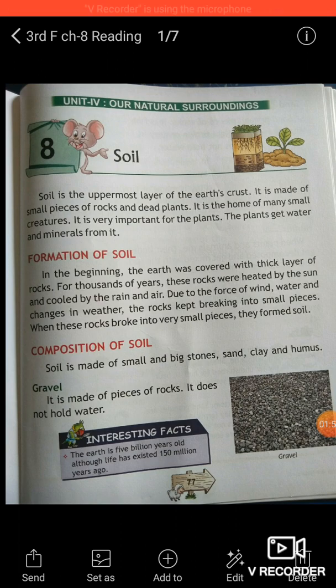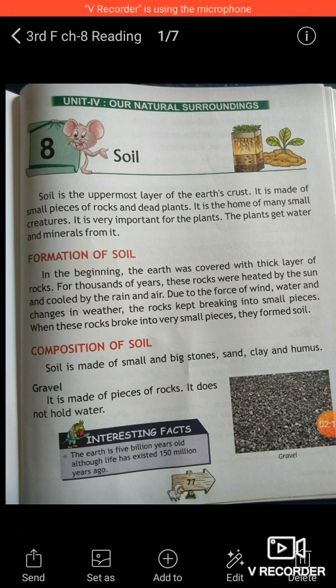Due to the force of winds, water, and changes in the weather, the rocks kept breaking into small pieces. Everything affects the rock a lot, like when wind blows, it also affects. When water falls on the rock, that also affects it.